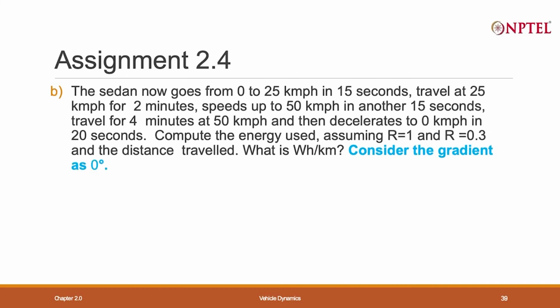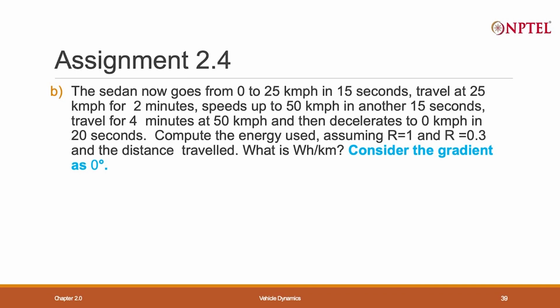I take a second problem, again an assignment problem. This time I am traveling starting from 0 to 25 kilometer per hour in 15 seconds, travel at 25 kilometer per hour for 2 minutes, and then speed up from 25 kilometer per hour to 50 kilometer per hour in another 15 seconds, travel for 4 minutes at 50 kilometer per hour, and then decelerate to 0 kilometer per hour in 20 seconds.